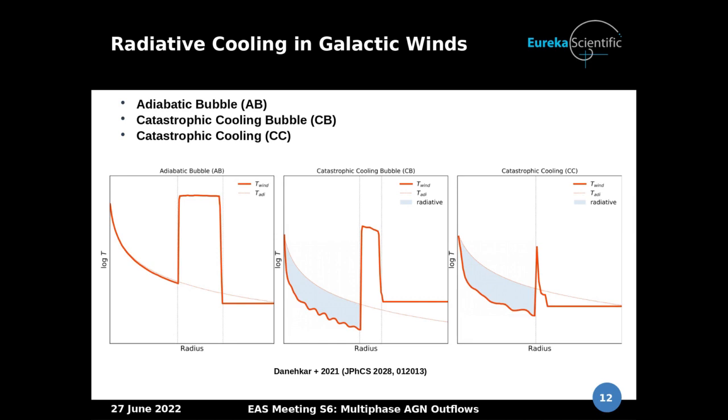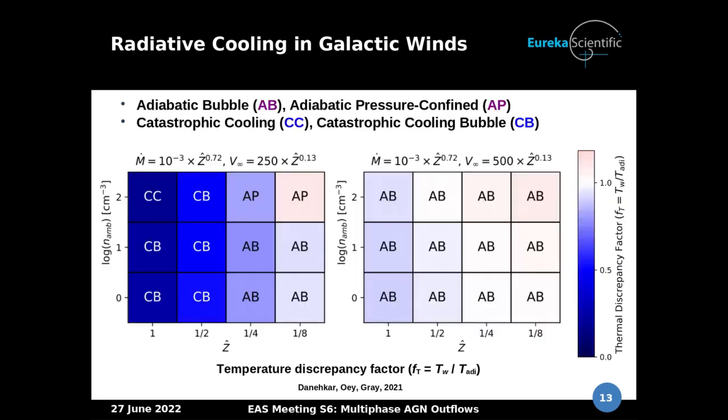And based on departure from adiabatic solutions, we define adiabatic bubble, catastrophic cooling bubble, and catastrophic cooling without bubble. And here you see different wind regions which I classify based on temperature departure of the wind from the adiabatic temperature.